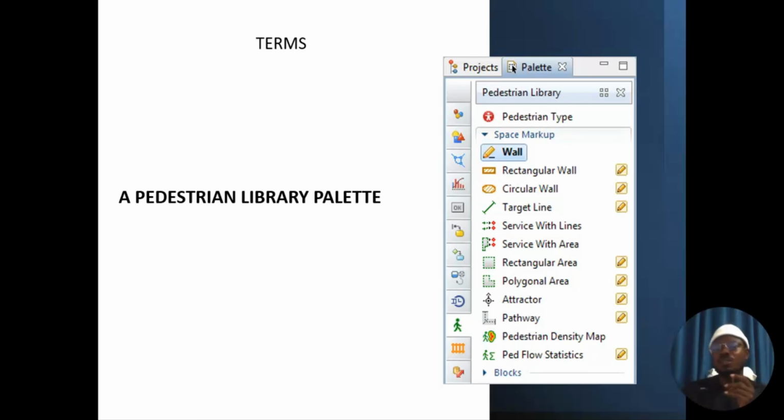It is dedicated to simulating pedestrian flows in a physical environment, and it allows creating models of pedestrian buildings. Maybe when we want to create a subway station, security checks, or streets, maybe with a certain number of pedestrians. So here we use some of these tools in achieving that.